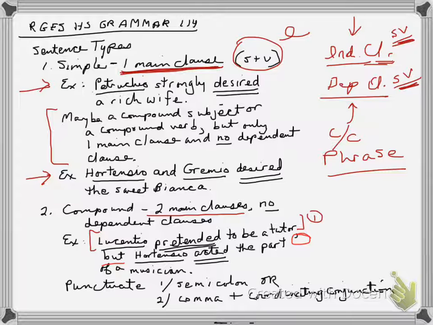It has its subject, Lucentio. It has its verb, pretended, and it could stand alone as a sentence. The second main clause is Hortensio acted the part of a musician. It has a subject, Hortensio. It has a verb, acted, and it could stand alone as a new sentence. So these are two independent clauses.